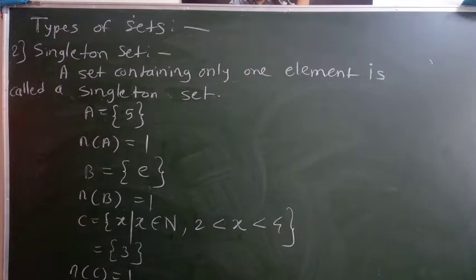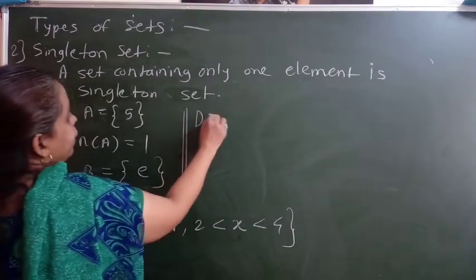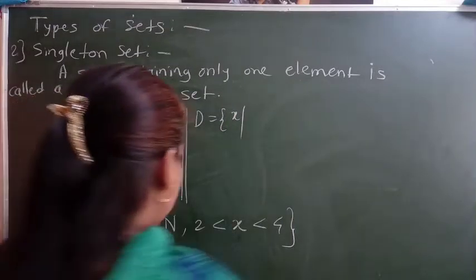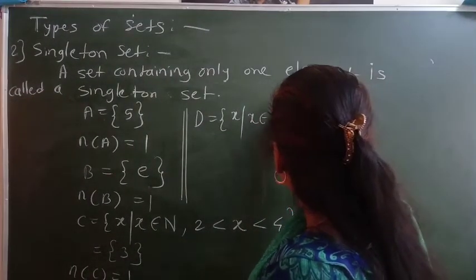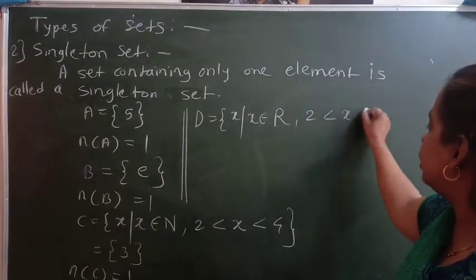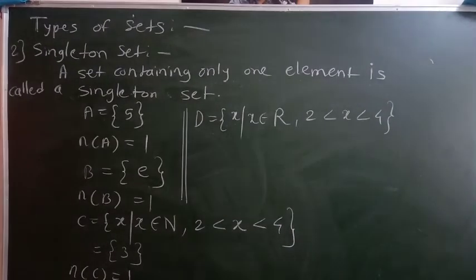Now what happens when you write like this: D is the set of x such that x belongs to R and 2 is less than x is less than 4.